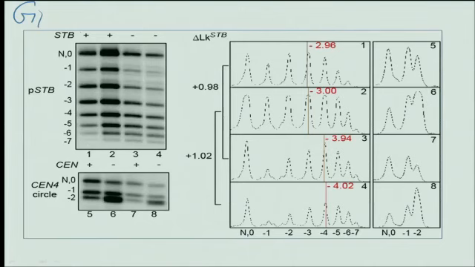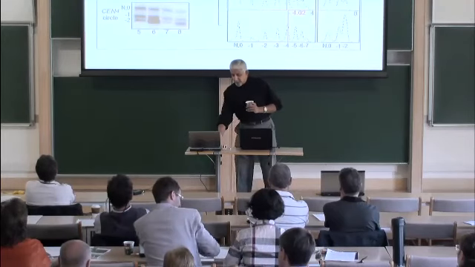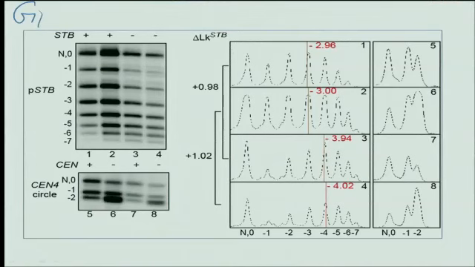Now here STB is plus and plus, and when it's minus and minus, you see the topology shift in the two lanes to the right towards more negative. And now here is the small SEN circle, plus, minus, shifted more negative, plus, minus, shifted more negative. So the composite topology that we measured in the last experiment with the big plasmid is equivalent to the sum of the topologies that we now measure in the resolved two circles.